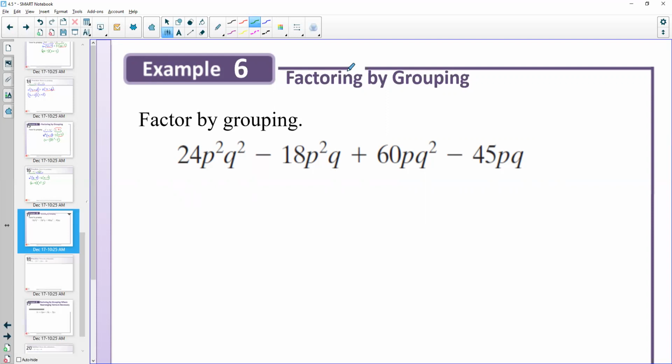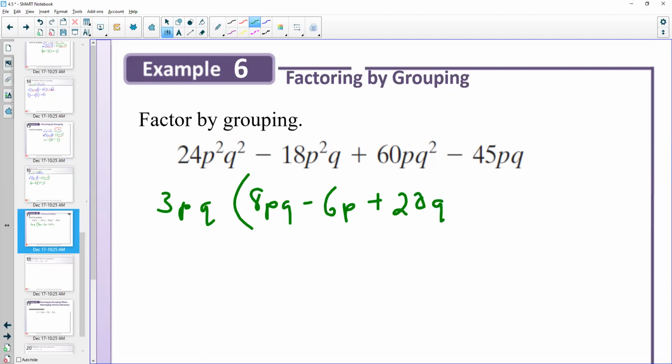And they at least have one P and one Q. So I'm going to take out the common term that everybody has first, because the more I can do that, the easier my life will be. So I'm going to take out 3PQ and rewrite what's left. That gives me 8PQ minus 6P, just no Q left, plus 20Q minus 15.